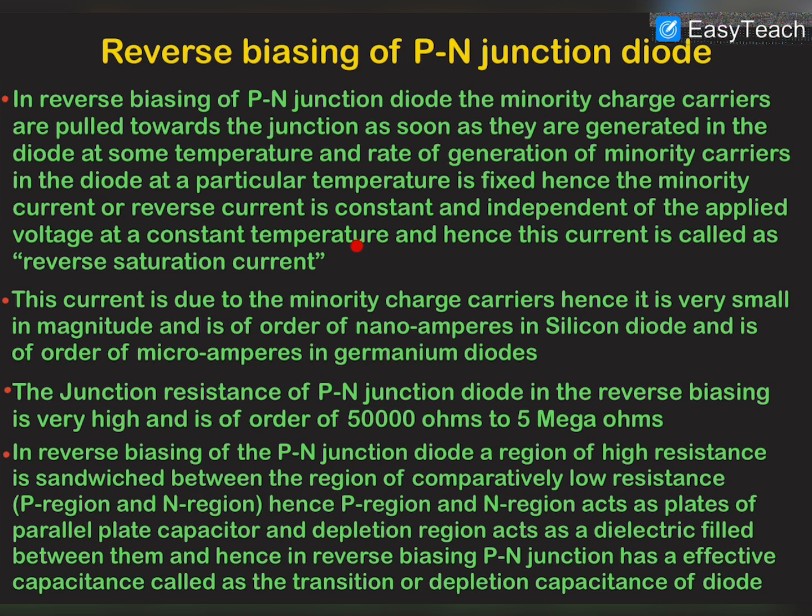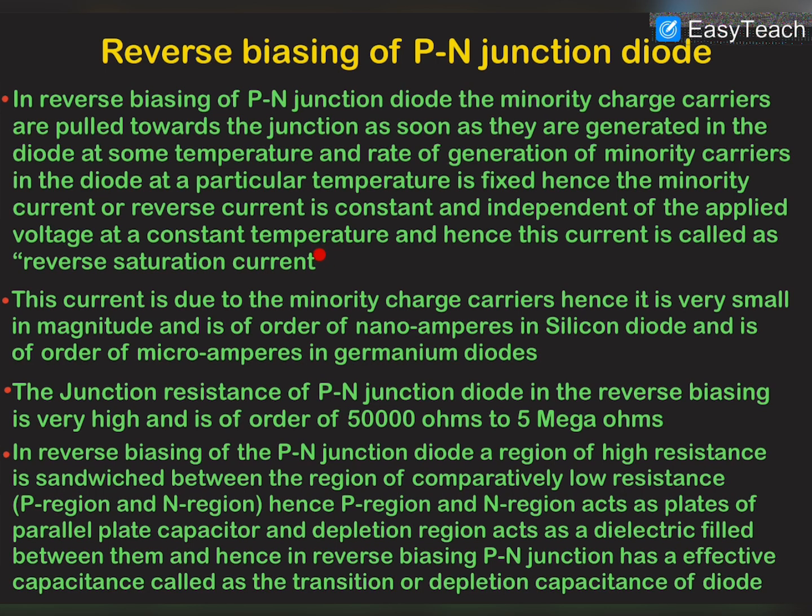The second case is the fact that if we are increasing the minority charge carriers in some other way, for example by making photons of sufficient energy incident on the diode, which is the case in a photodiode. We would be studying the photodiode later on.